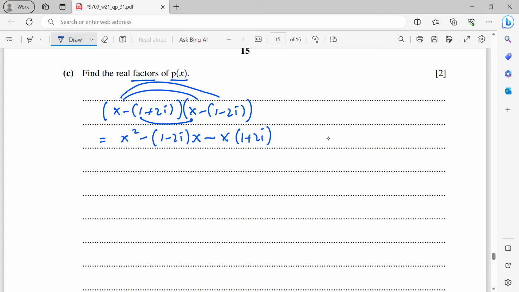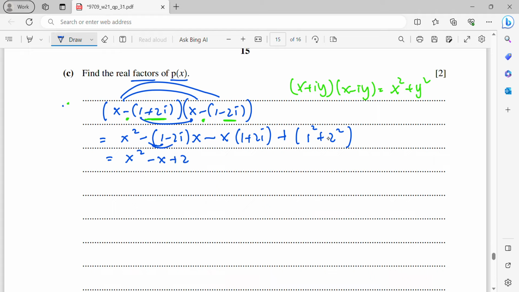Then now, when you look at here, this minus times minus is a plus. Complex number times conjugate. Let's say x plus iy times x minus iy. So it will be real squared plus imaginary squared. That is the property of multiplication for complex number and its conjugate. So I will get plus, the real is 1, so 1 squared plus 2 squared. So then here I will get x squared, do expansion again together with the x, so minus x plus 2xi.